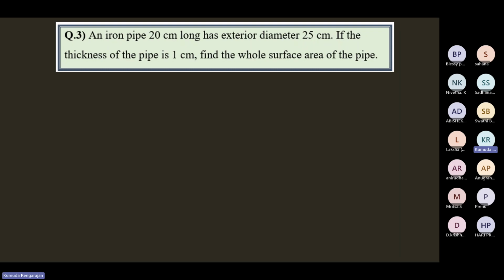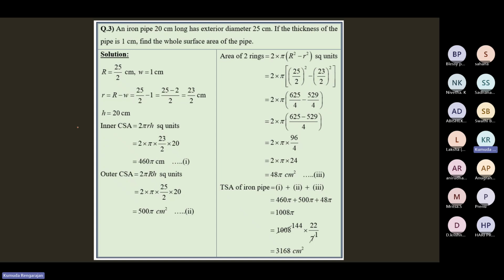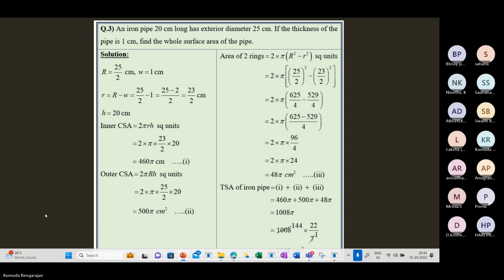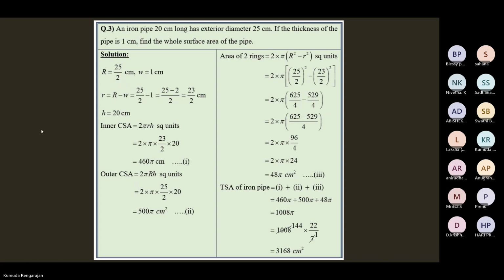Now here in the third one, the question is to find the whole surface area. So let's see the values first. Exterior diameter is 25.